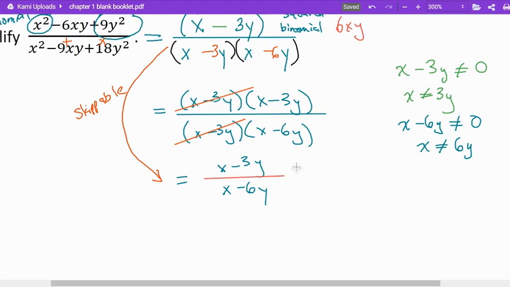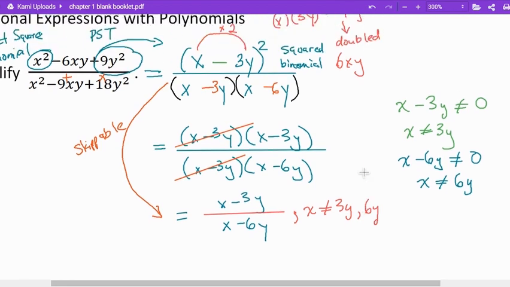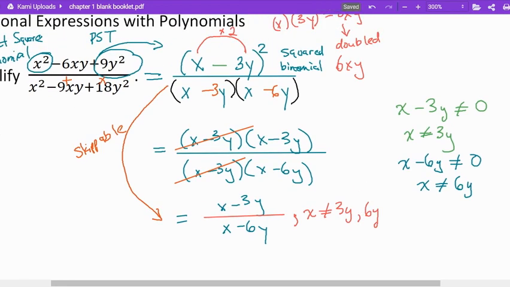So I'm saying this is simplified so long as x cannot be equal to 3y or 6y. And then I look through every denominator. Yes, I accounted for each of these. Yes, I accounted for this and I accounted for this.